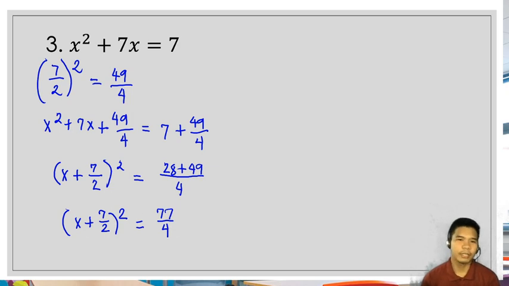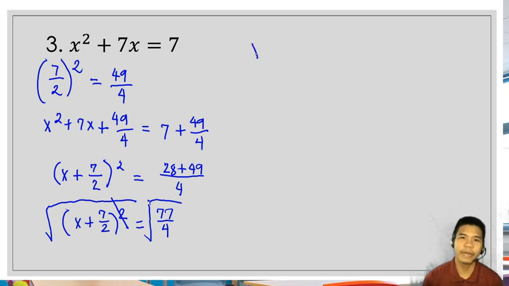And then, kapag okay na siya, nakasimplify na siya, extract na natin. We get the square root of both sides. So, makakancel lang yung square natin. So, matitira ay, proceed tayo dito.